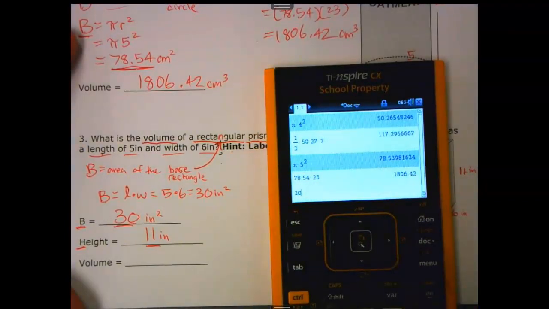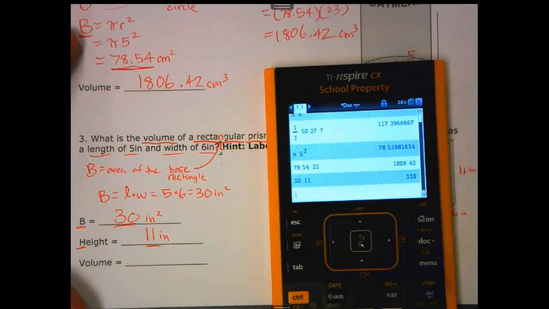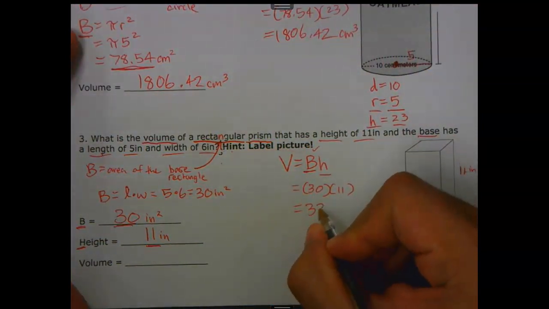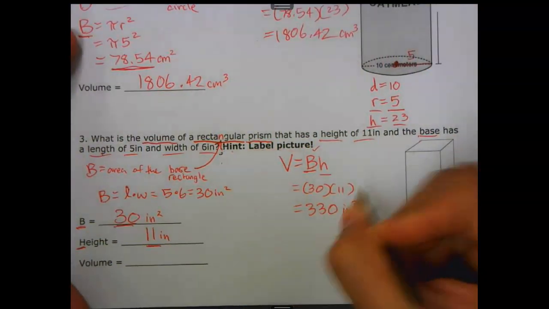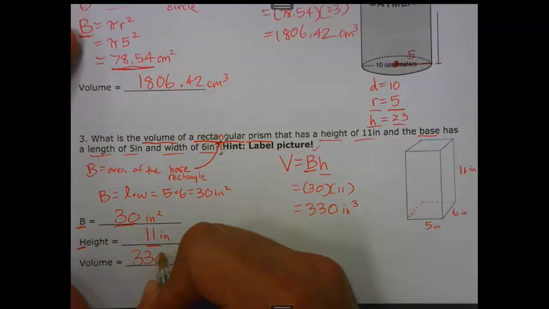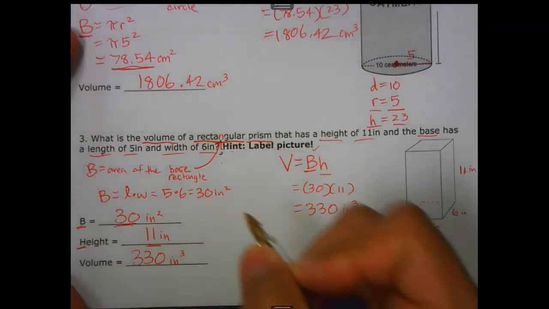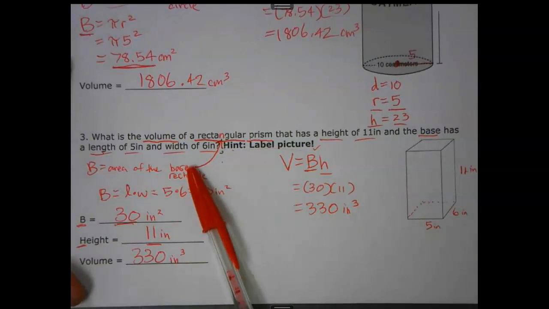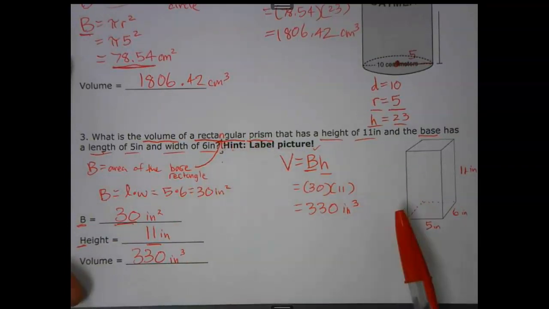That gives us 330. So we get 330 inches cubed. Again, the inches are cubed because volume is three-dimensional. So there you go. Don't forget big B is area of the base, and then it tells you what the base shape is. You can look at it.